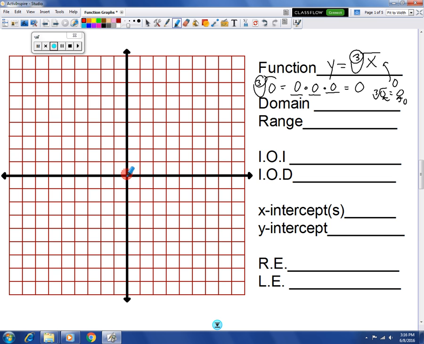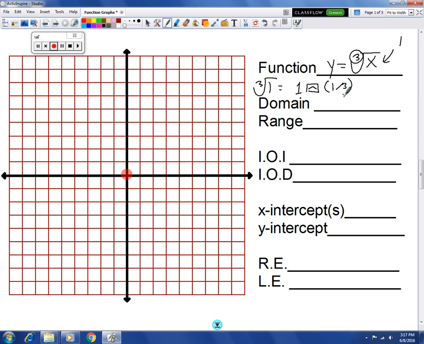Okay, next thing I want to substitute is a positive 1. It's going to be a little bit like the square root. I pick it because I know it's going to work out nice. Cube root of 1. Of course, you can put this in a calculator. You can press 1, press your power button, and then 1 divided by 3, grouped in parentheses, and press enter, and it'll tell you the answer.